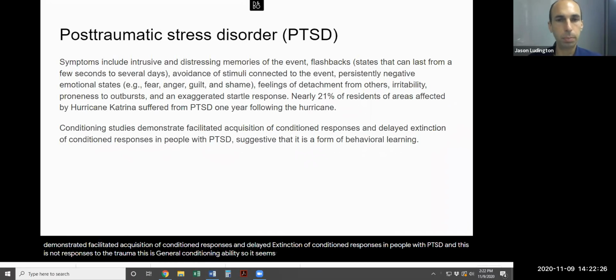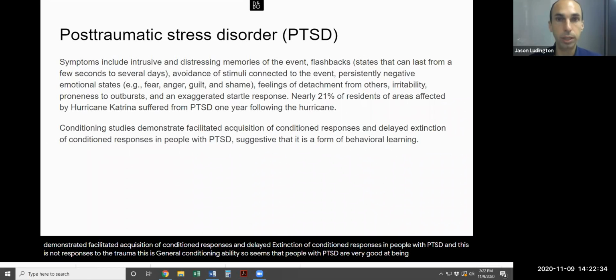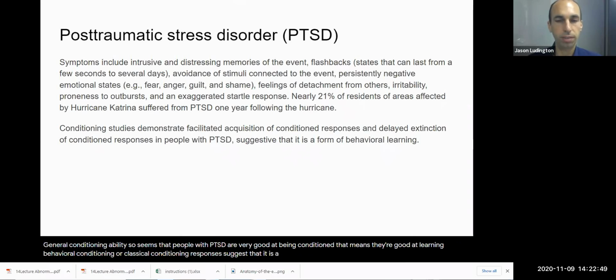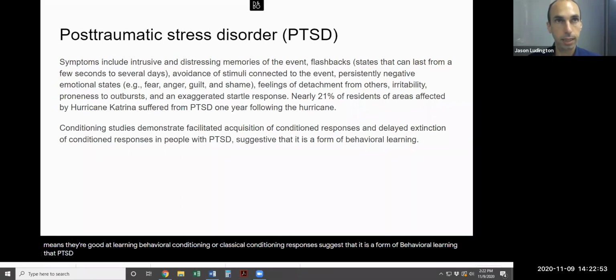So it seems that people with PTSD are very good at being conditioned. That means they're good at learning behavioral conditioning or classical conditioning responses.